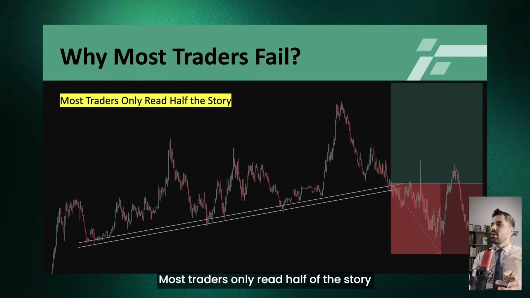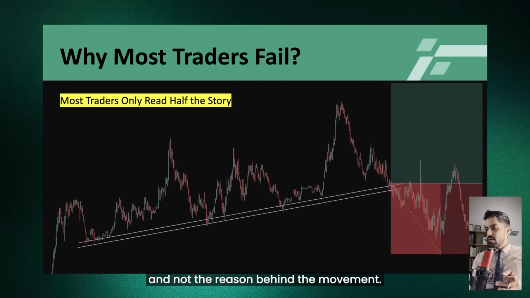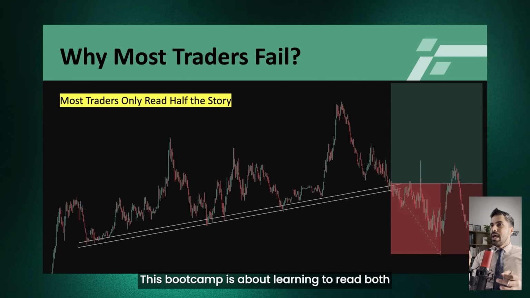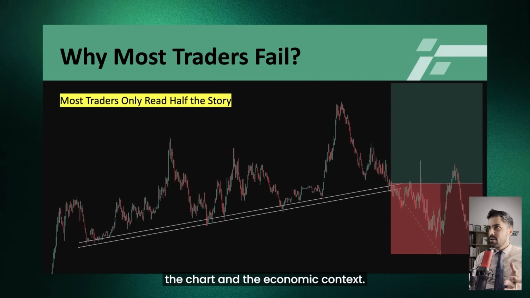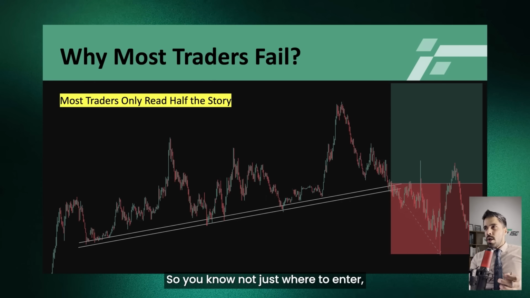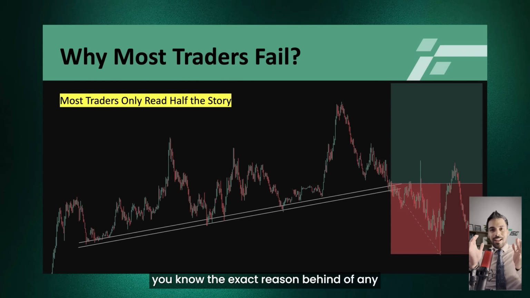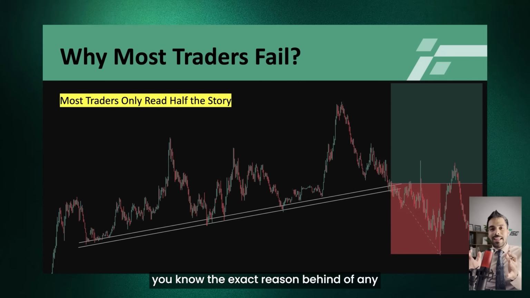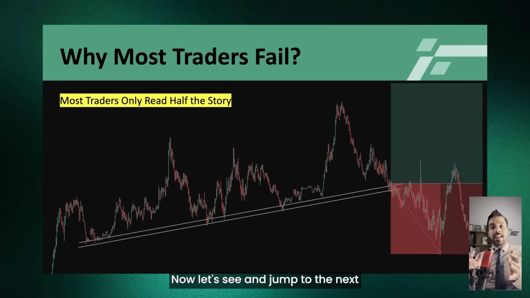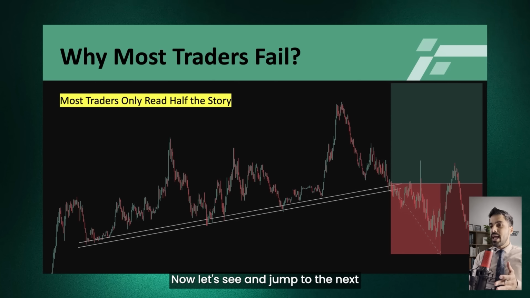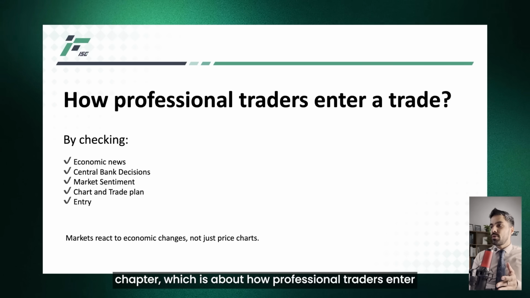Most traders only read half of the story and not the reason behind the movement. This bootcamp is about learning to read both the chart and the economic context, so you know not just where to enter, you know the exact reason behind any single move in the financial markets.